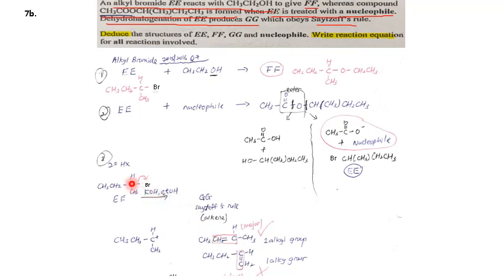I can form it over here or over here. If it is formed over here, this is the product. If it is formed over here, this is the product. Among these two ways, which one is the major product? Definitely this one, because there are two alkyl groups here and only one alkyl group there. So this is GG.